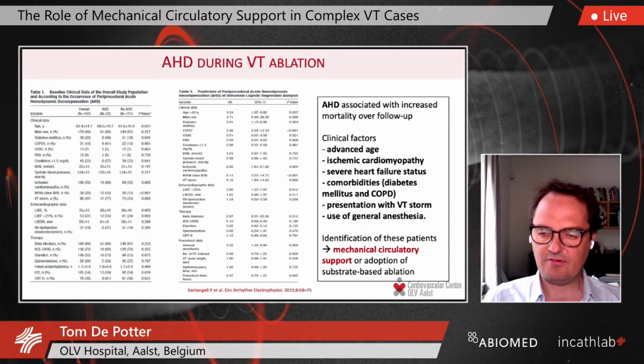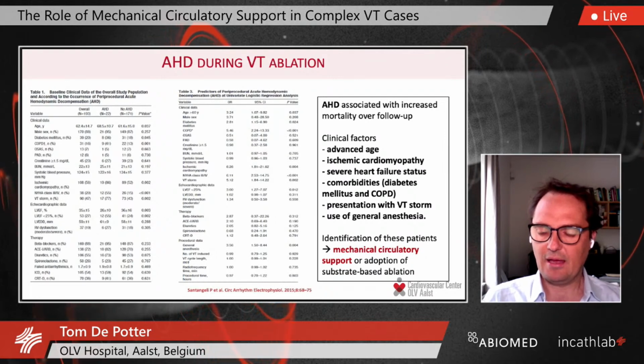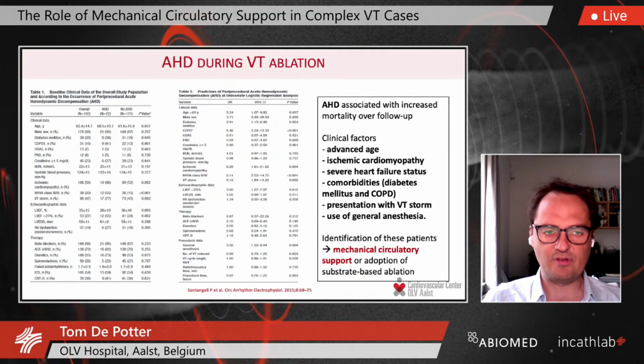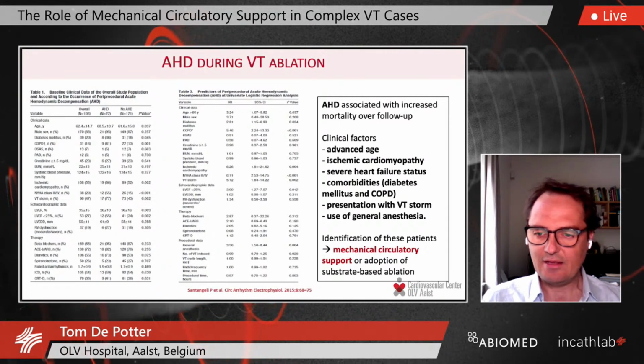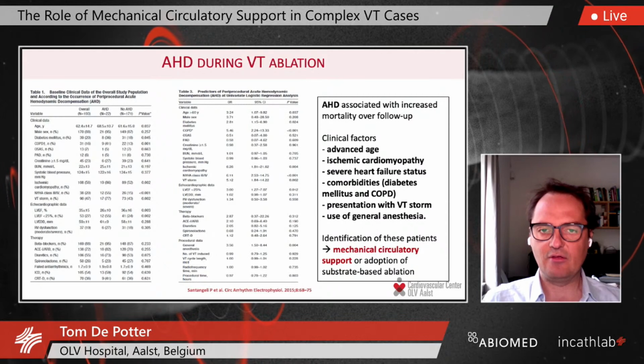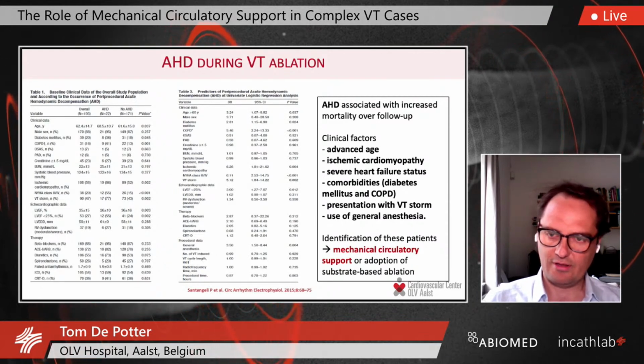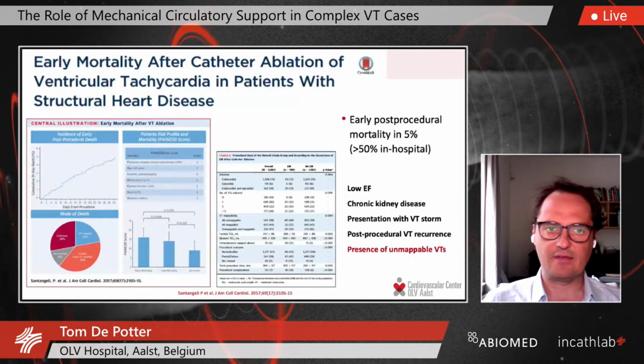Identification of these patient profiles may make mechanical circulatory support a reasonable idea, in particular if a substrate-based ablation approach is not useful or is not feasible, as we'll see in a second.